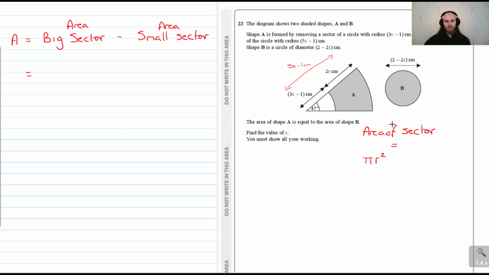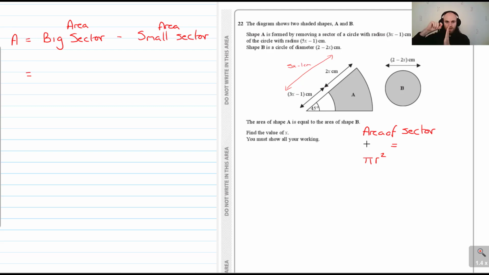Okay, and just for a bit of reference, a sector is a portion of a circle. So we have the formula for the area of a circle, which is pi r squared, but it's not going to be the full circle, only that portion.